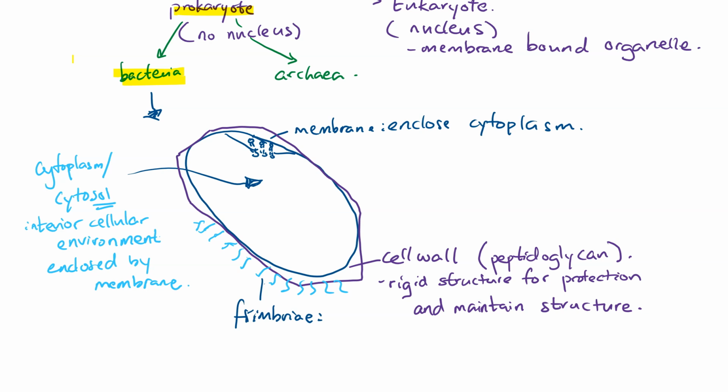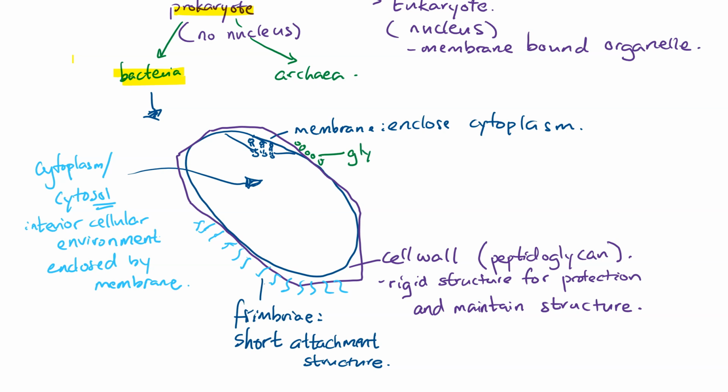They are short attachment structures that help maintain the attachment of the bacteria to a certain surface. So we have the cell wall, and around the cell wall, occasionally you will also have a capsule.